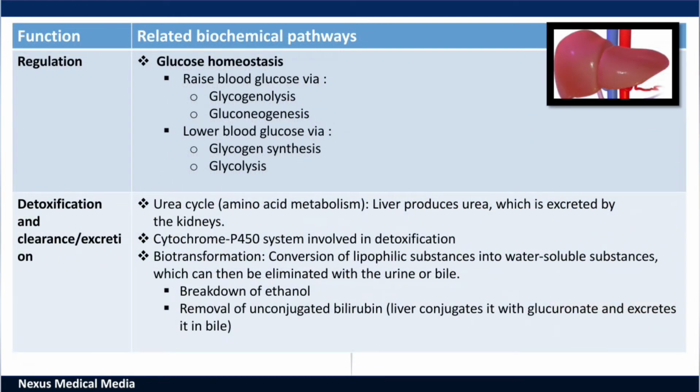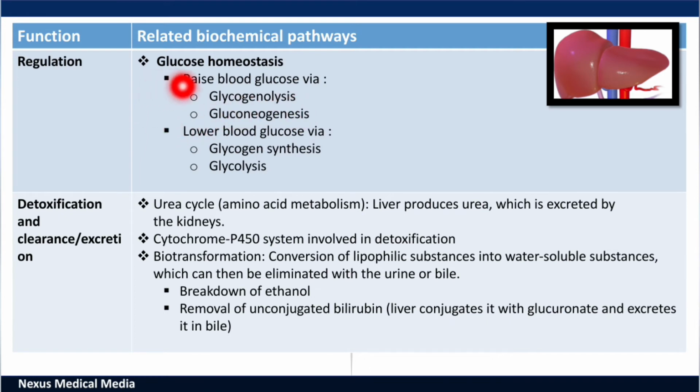A regulation function, right? So firstly is glucose homeostasis, right? So the liver plays a role in raising of blood glucose via glycogenolysis, that's breakdown of glycogen into glucose, and gluconeogenesis, that's the synthesis of glucose from non-carbohydrate sources, as I mentioned previously.